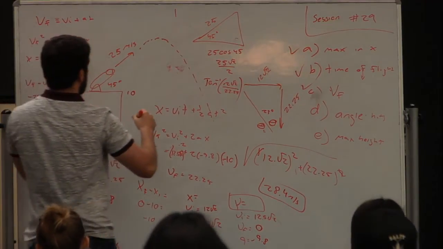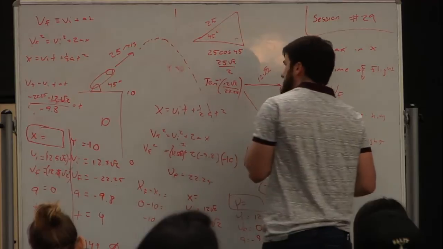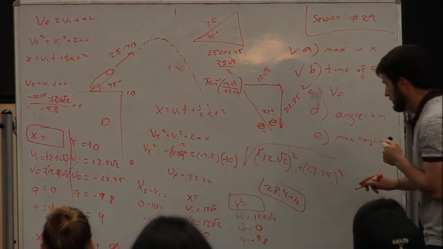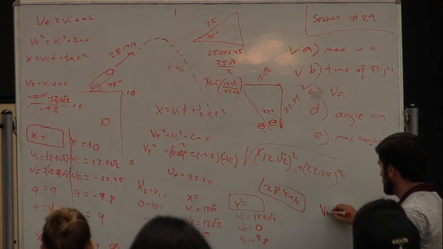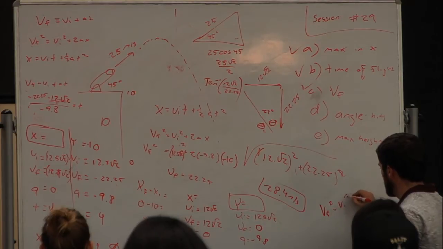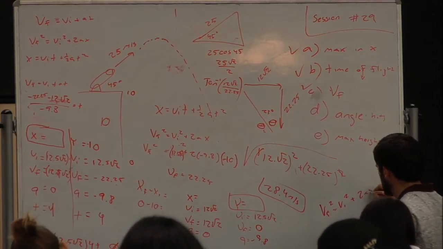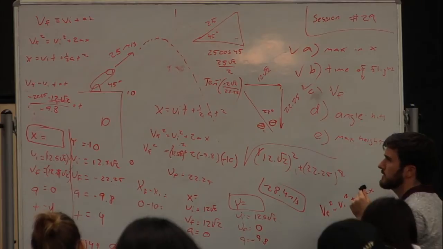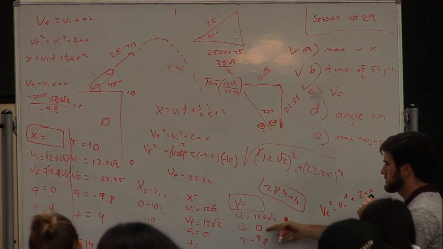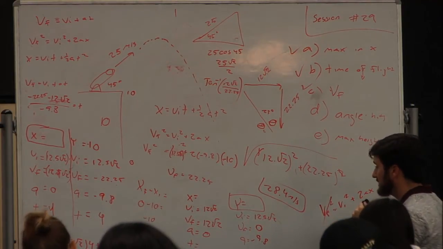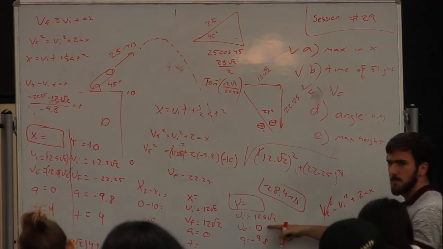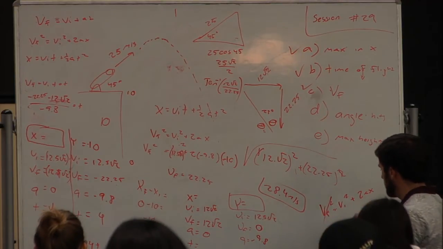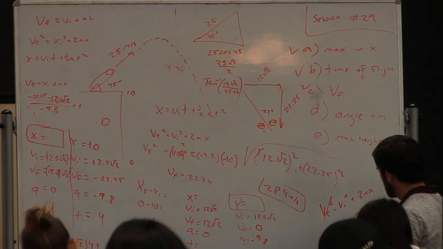Vf squared is equal to Vi squared plus 2Ax. Vf equals 0, so this crosses out. Our Vi equals this squared. Our displacement's negative 9.8. Or I'm sorry, that was our acceleration. We're solving for a displacement.